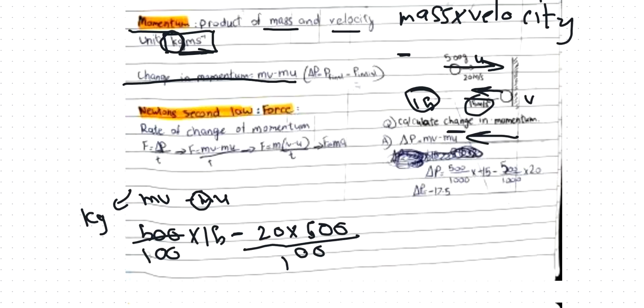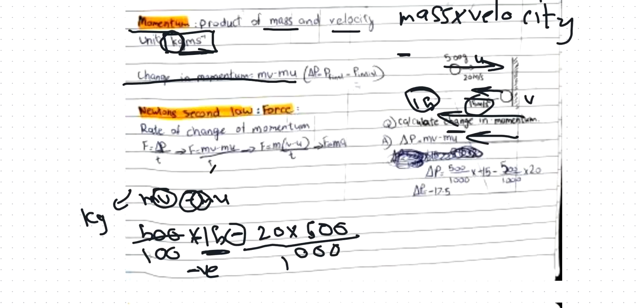Therefore, my final velocity is this, right? My final velocity was in the left direction, so I'll take this as negative. This velocity would be negative. So I multiply 500 divided by 1000 times negative 15, minus, because this minus comes from the formula, minus 20 times 500 over 1000.